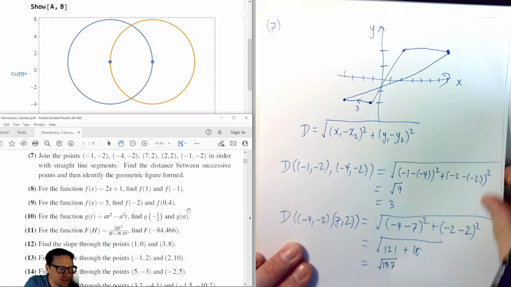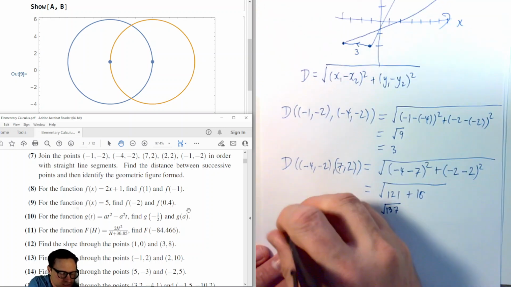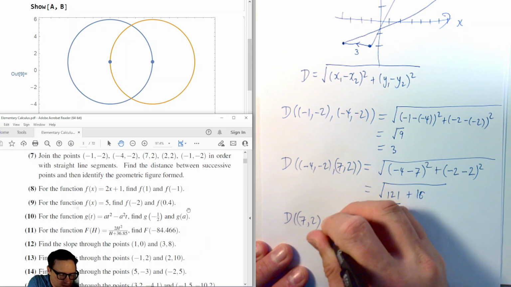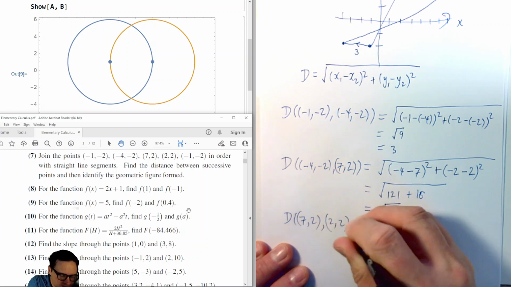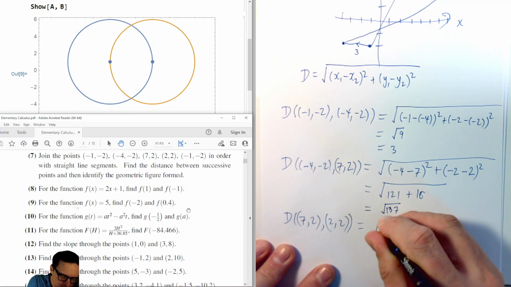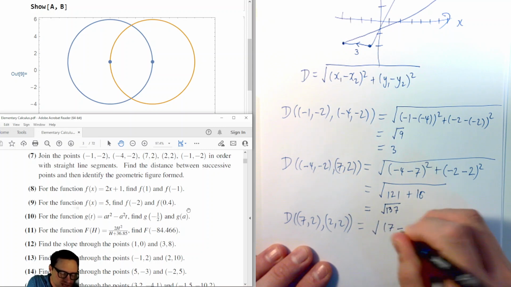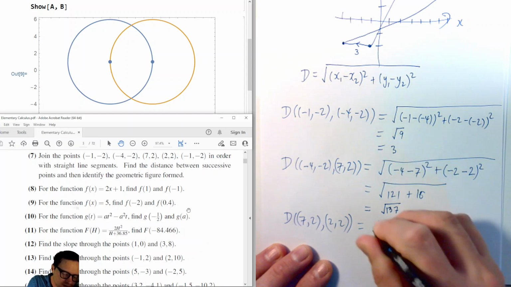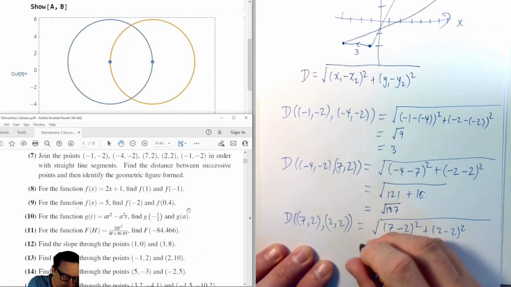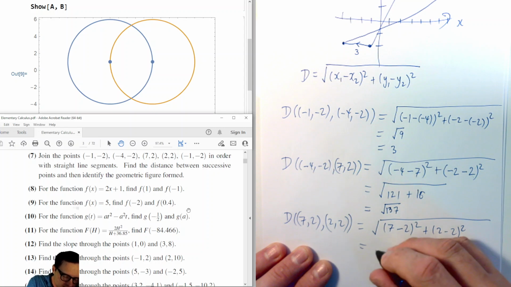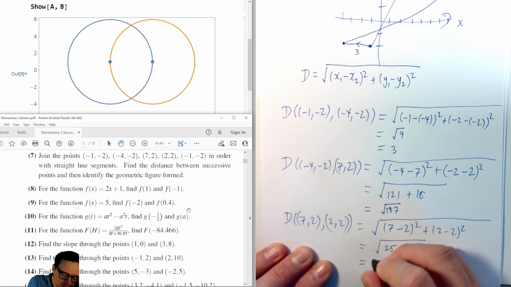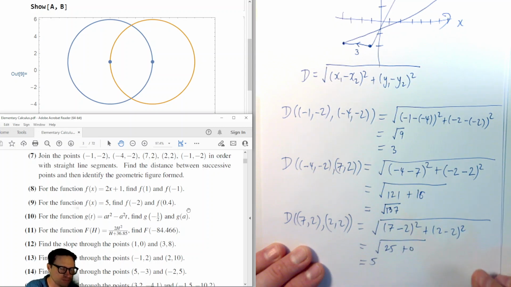Okay, next distance. The distance between 7, 2 and 2, 2. Now they have the same y-coordinate, so this will be easy. So 7 minus 2 squared plus 2 minus 2 squared, square root. This is the square root of 5 squared, so root 25 plus 0. And so this distance is 5.